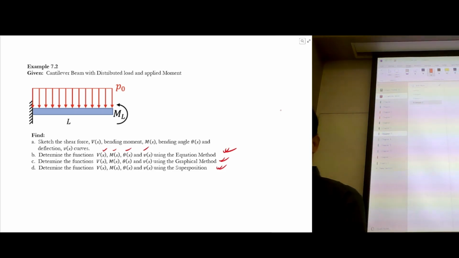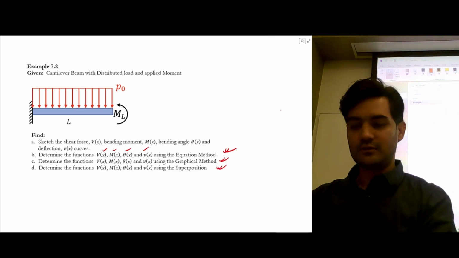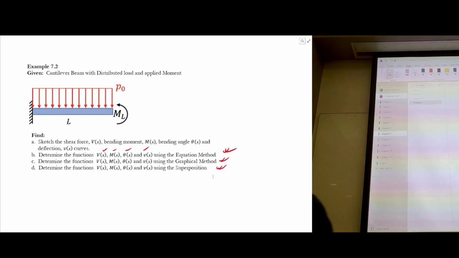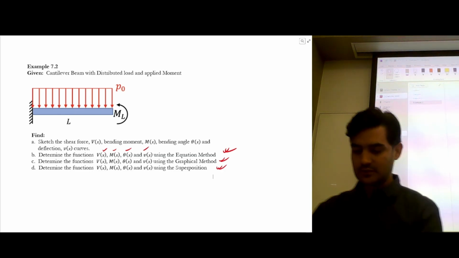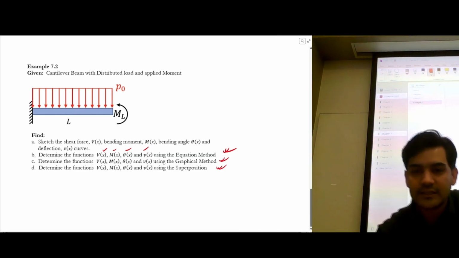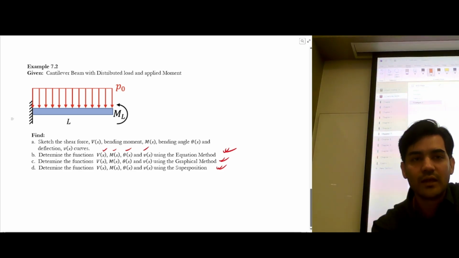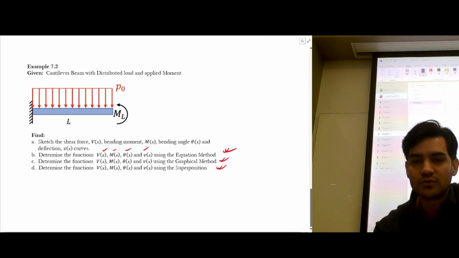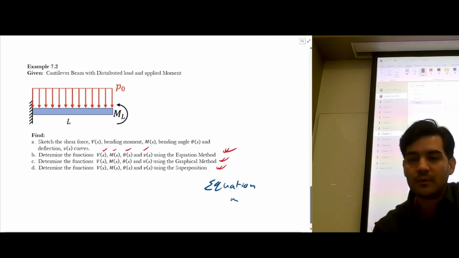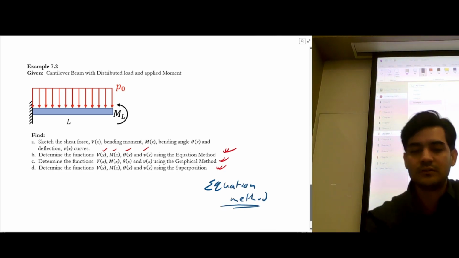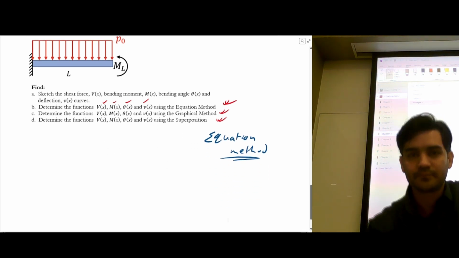We already know what equation method is, so I'm gonna be a little brief in this method. So let's start with the equation method. First we'll use the equation method to solve this example.